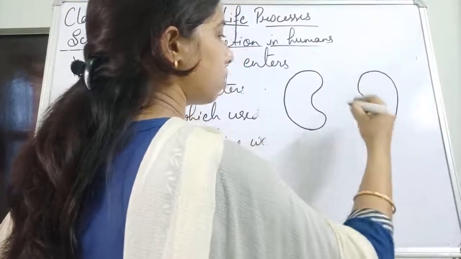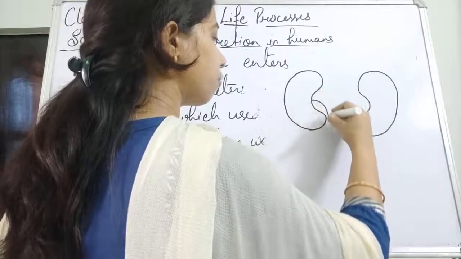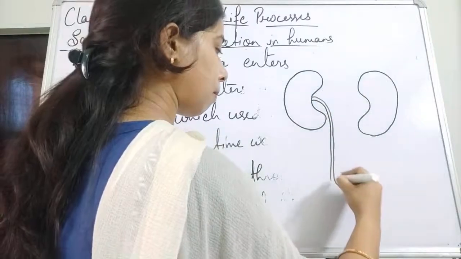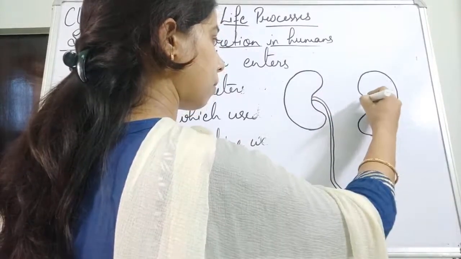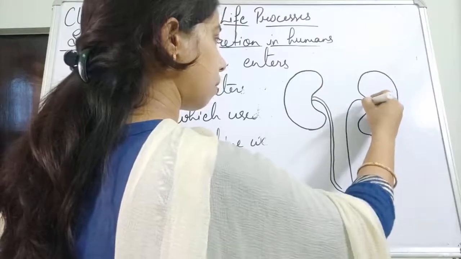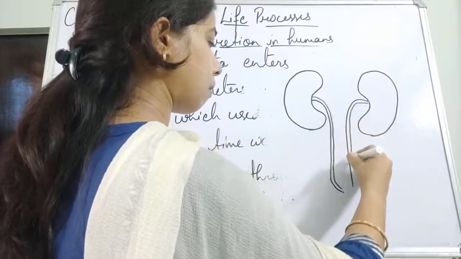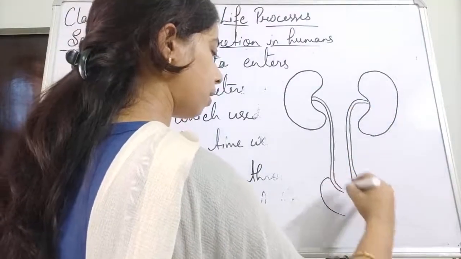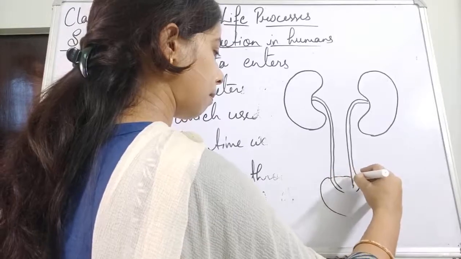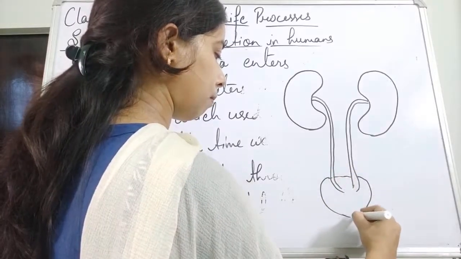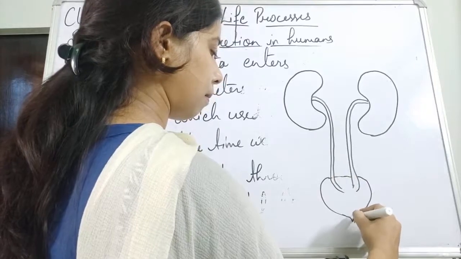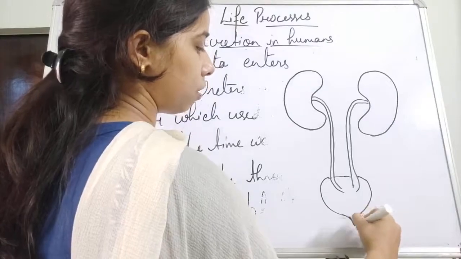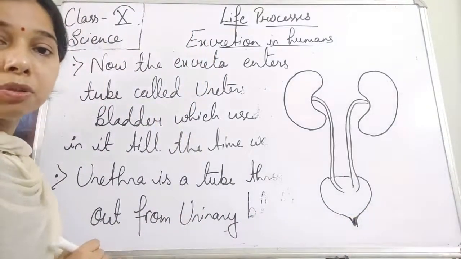So suppose these are the two kidneys, students. A bag-like structure is there, so that is called the urinary bladder.